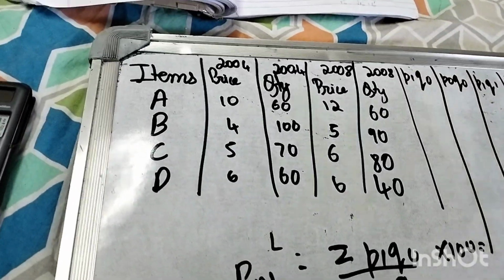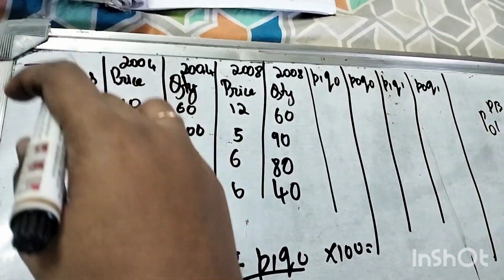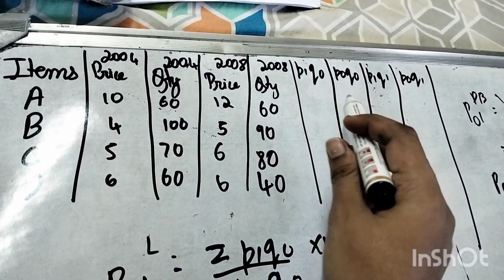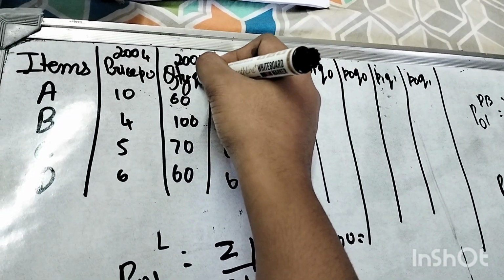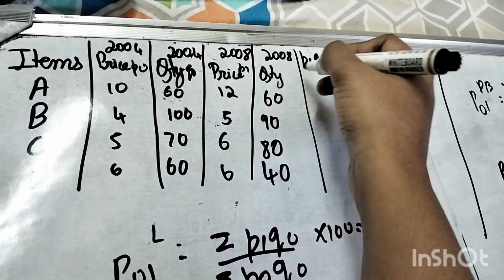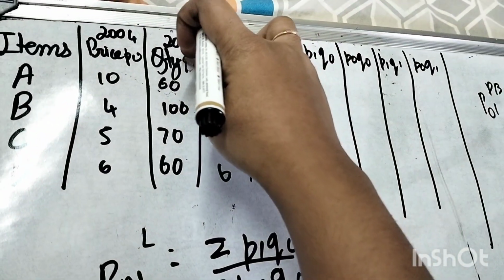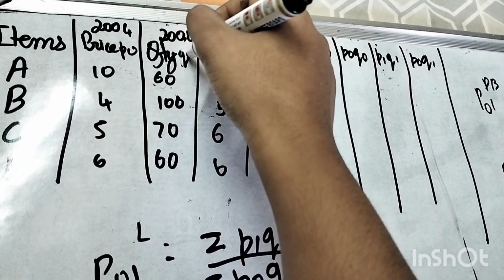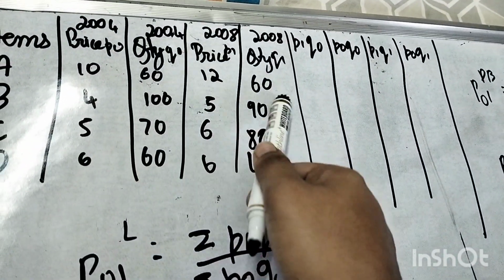So that's the last column. First you need to know which is 2004. That's P0 Q0, P1 Q1.